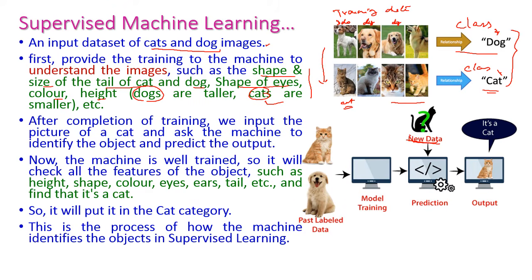Without giving the label, we simply give the image to the machine, and the machine compares the attributes of this image with all the already trained data, and the attributes will be very much mapped with cat, isn't it? So now the data will be classified into the cat class, the output will be cat. This is how supervised machine learning learns and works.